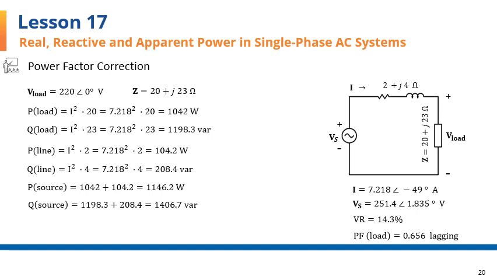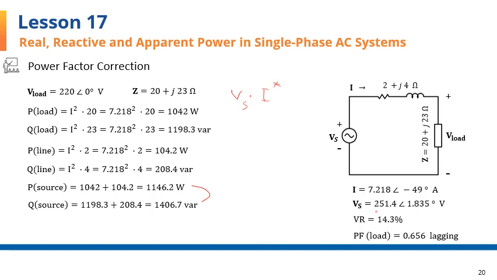As an exercise, you could find the complex power of the source by multiplying the source voltage V sub S times the complex conjugate of the current. And you should get these two numbers as a check.